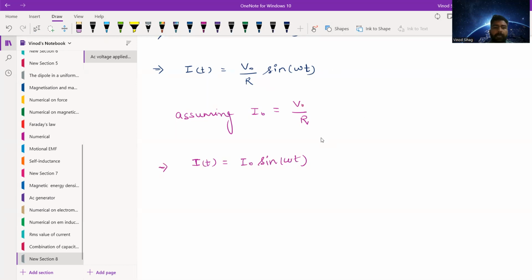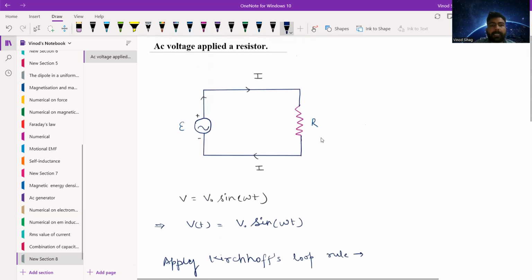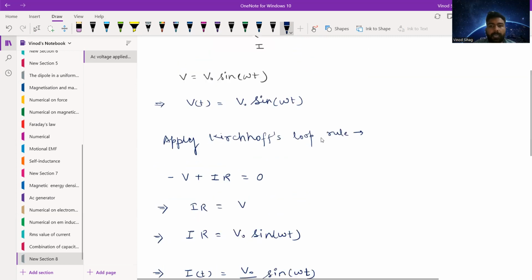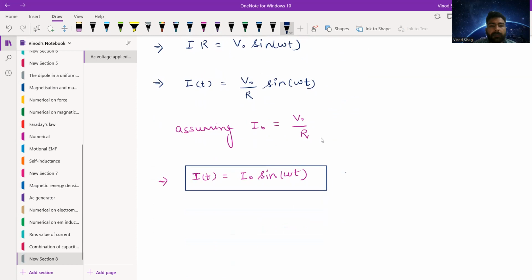This will be the equation of the current flowing through the resistor R at time t. If we compare current and voltage, the voltage was V equals V naught sine omega t, and here the current is I equals I naught sine omega t. So we can say that both current and voltage are in phase, which means the phase difference between them is zero.